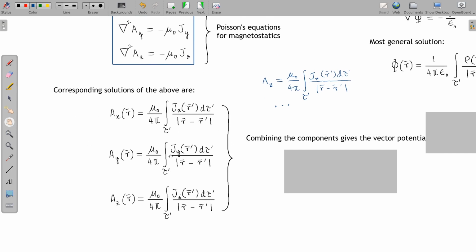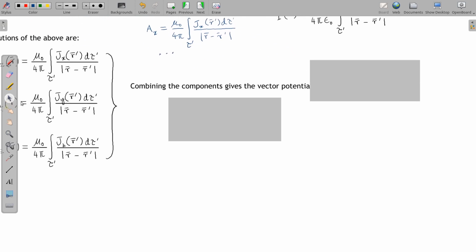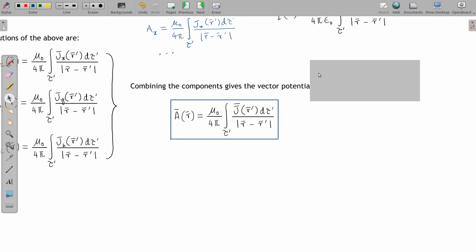Now we can combine these vector potentials.